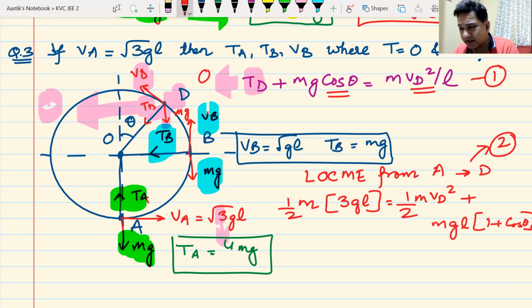If I have one more class, I will be doing the case where it still goes up. Now you'll say, sir, how will it go up? Tension becoming zero, there is nothing to pull it. Is there a case possible where it still keeps on moving in the circular path?